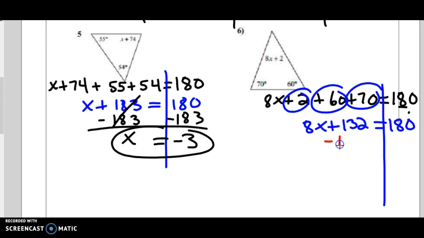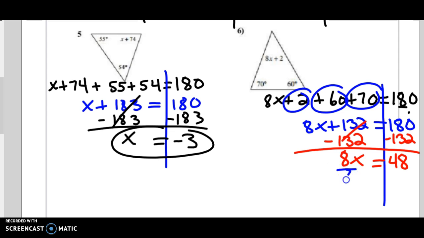I need to subtract 132 from both sides. That leaves me with 8x equals 48. Then all I have to do is divide by 8 because I still have a coefficient I need to get rid of. So when I divide by 8, my final answer is x equals 6. And I'm done because my directions were just to solve for x.